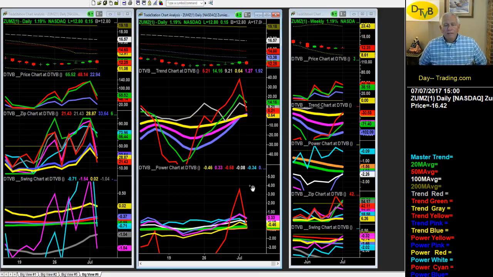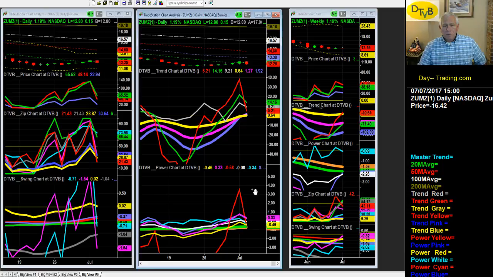But when you have the red and green going up, red above green, and usually red is higher than the yellow line, the trend yellow line, though that's not always the case.